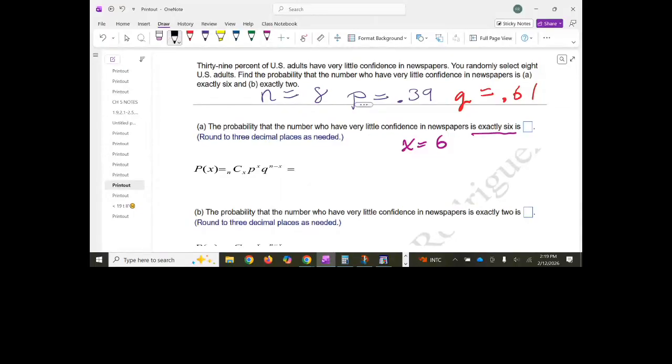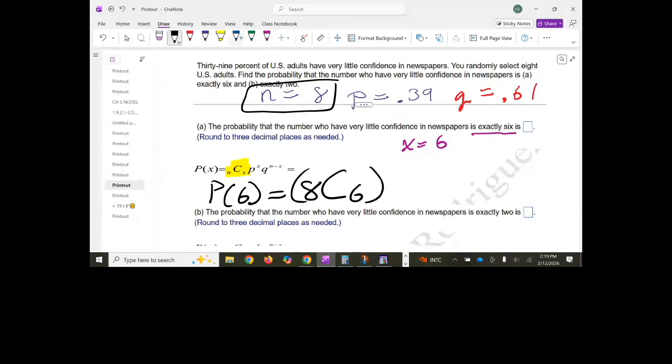Okay, let me show you what we're going to do here. We're going to come back here and look for the probability of 6, because that's my X value. Look at the first part of the formula: it has n choose 6. We already said that our n was 8. So I'm going to go 8 choose 6, times, and I'm going to put this in parentheses, my probability, my p-value, which was 0.39, raised to the power of X. Our X here was the number 6.